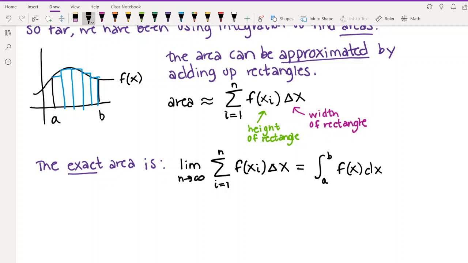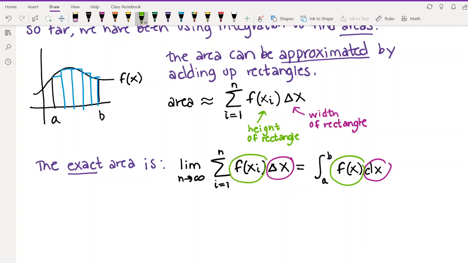And so I just want to remind you again of where the different pieces of the integral come from in comparing with the limit definition on the left, because this will help us understand what goes on with volume. So the dx, where does that come from? That comes from this delta x, the width of each rectangle. And then in the integral, we also have f of x, which is just our function. Where does that come from?